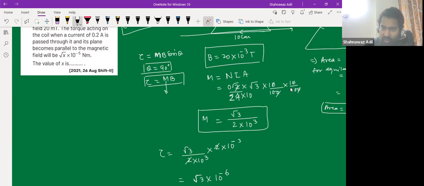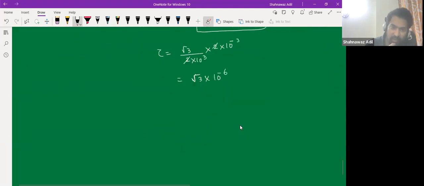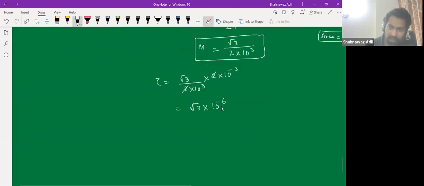We have 1 by 10, 1 by 10, and this 0.2 will cancel. This is 2 by 4 into 10. So this is 1 by 2 into, yeah, no, this is correct. I guess this is correct. This is 10 to the power minus 6 Newton meter.